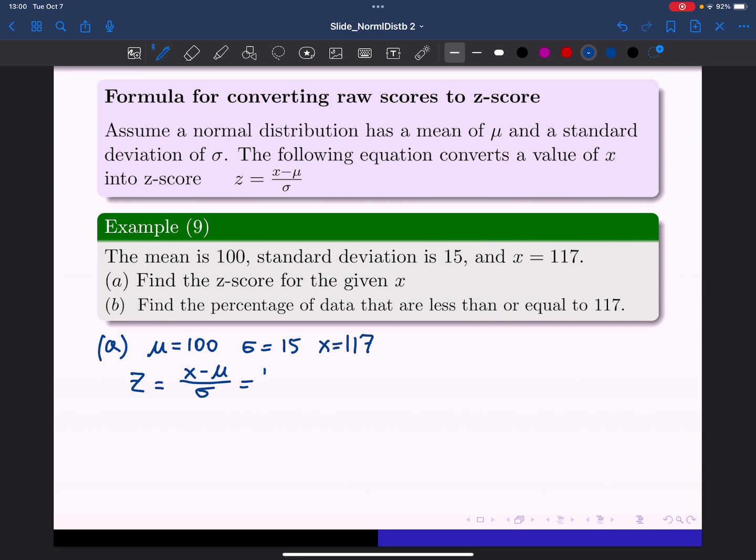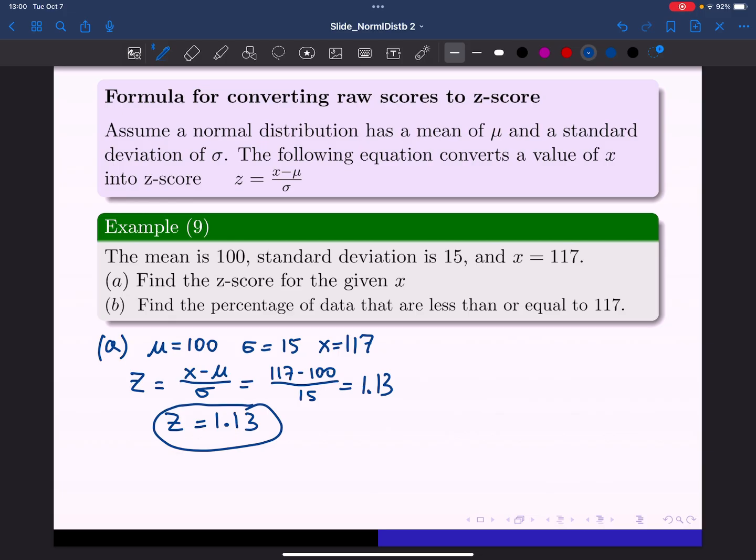So this is 117 minus 100 over 15. So this gives me 1.13. So my z-score is 1.13. This is how many standard deviations my data is away.